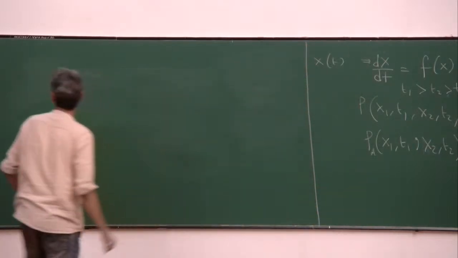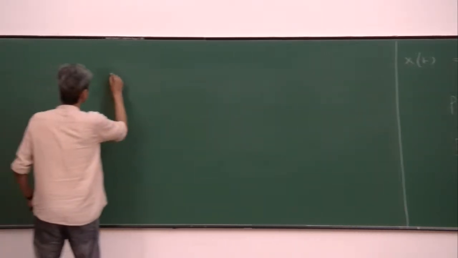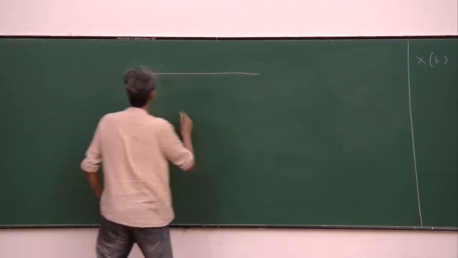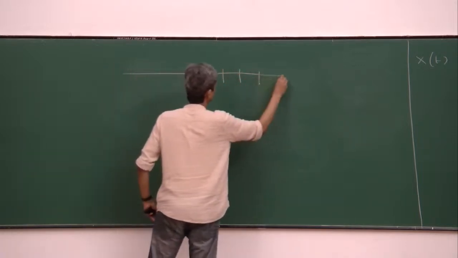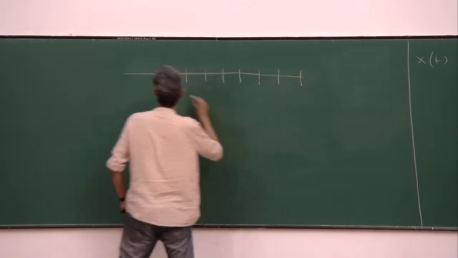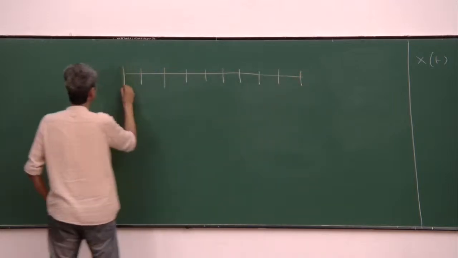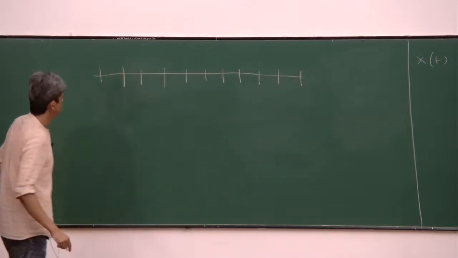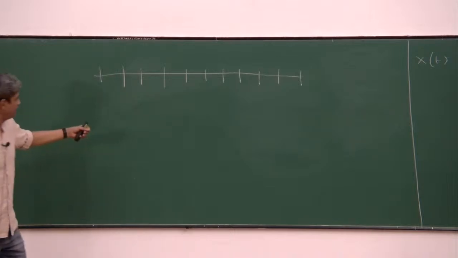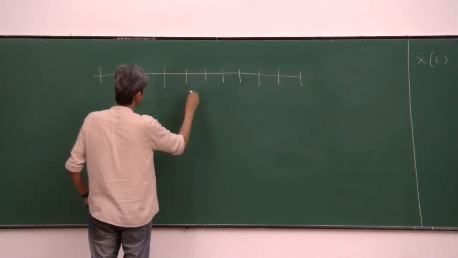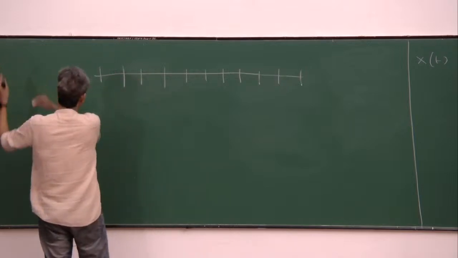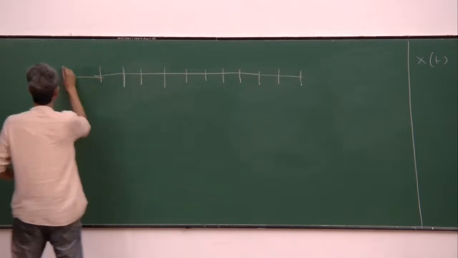Let us think of a discrete line. I know the positions. Say it starts from minus infinity.